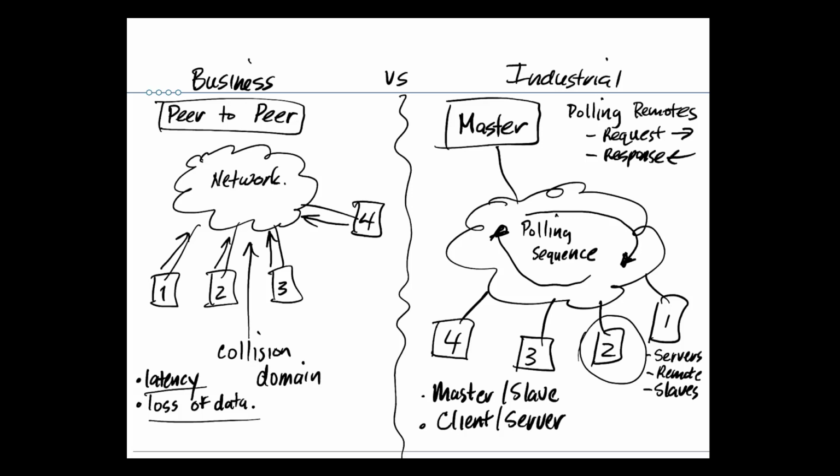So this is the master-slave polling sequence, or the client-server polling sequence, where we have a very organized protocol for communications where there is no longer a collision domain. When we bring in a polling sequence with master-slave polling, we've avoided a collision domain in the network.